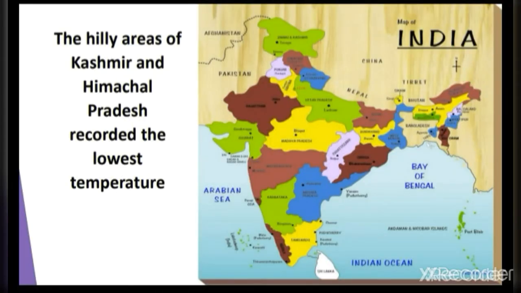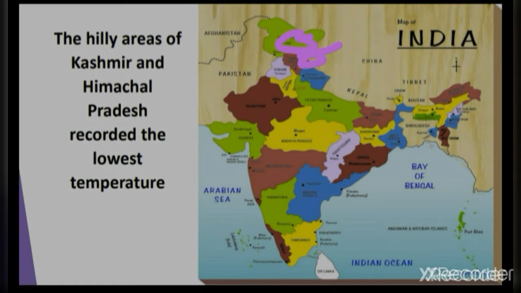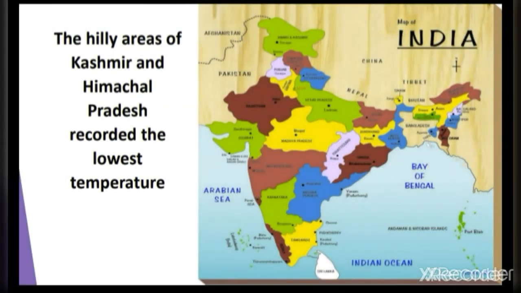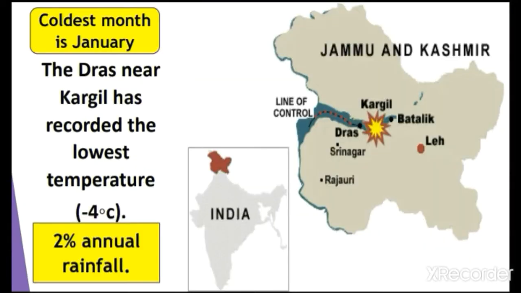The hilly areas of Kashmir and Himachal Pradesh record the lowest temperature in India. The coldest month is January.